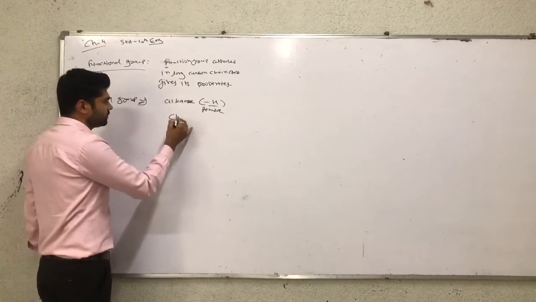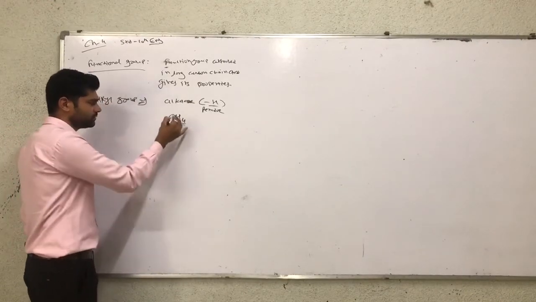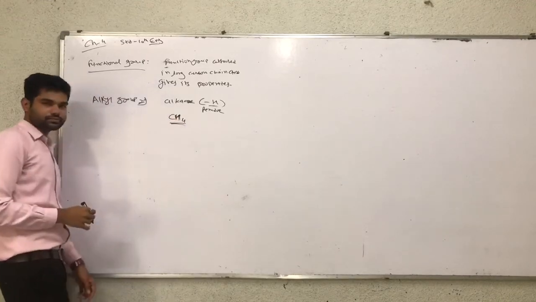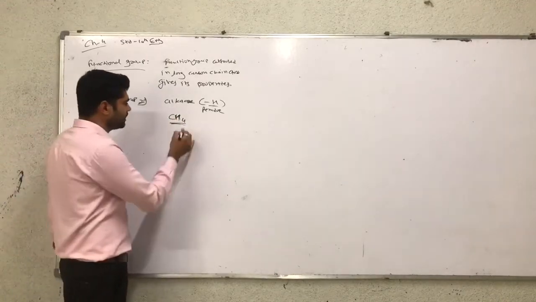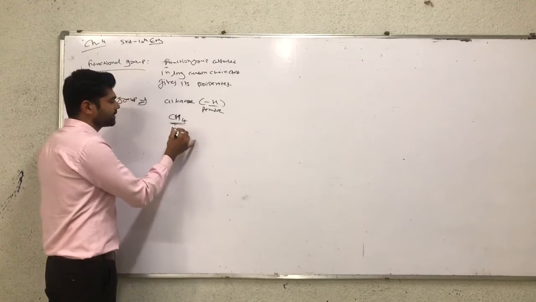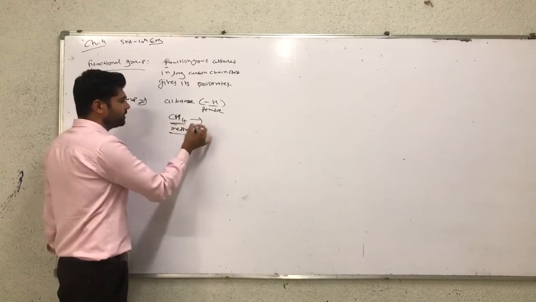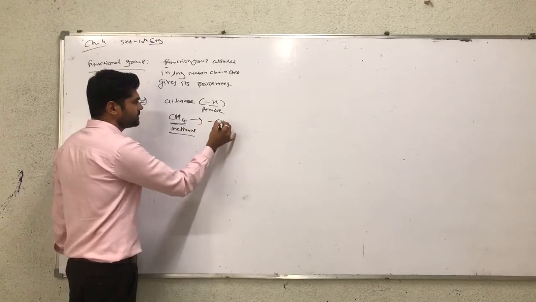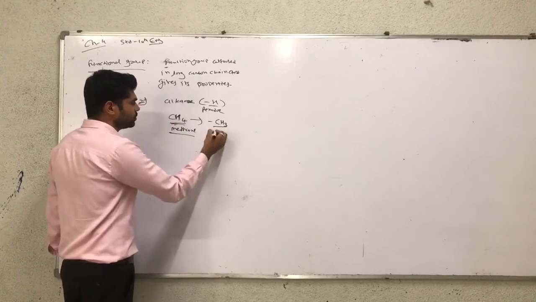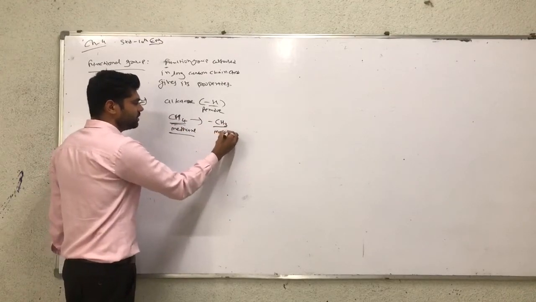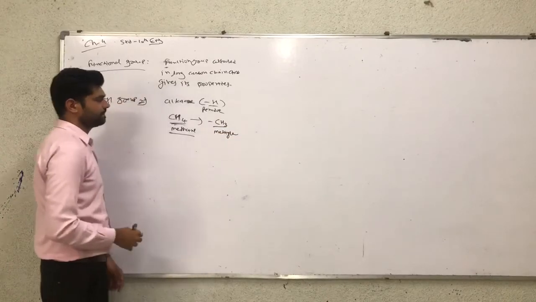For example, the 1 carbon, 4 hydrogen alkane, name is methane. Remove one hydrogen, it means CH3. So this CH3 is known as methyl.